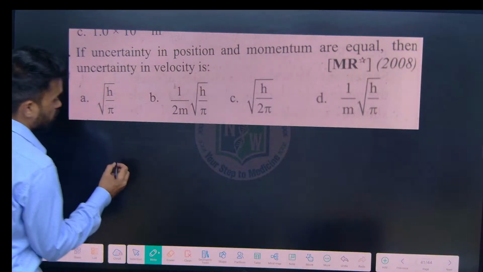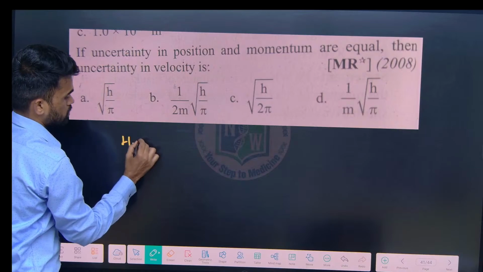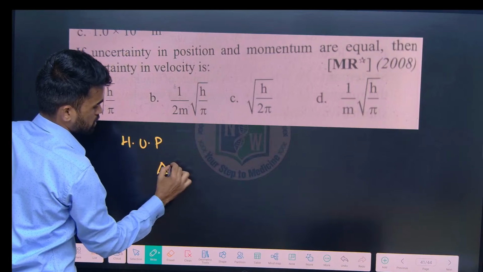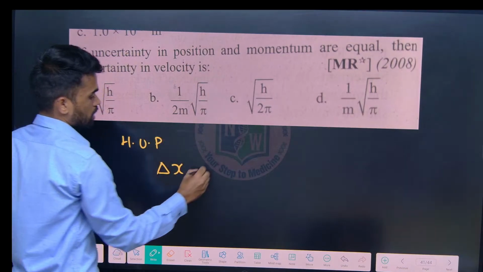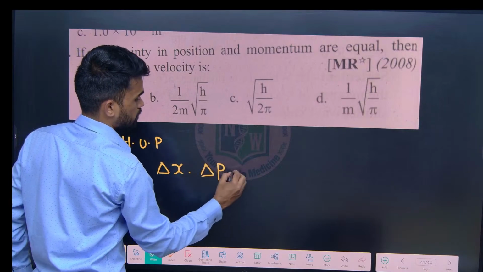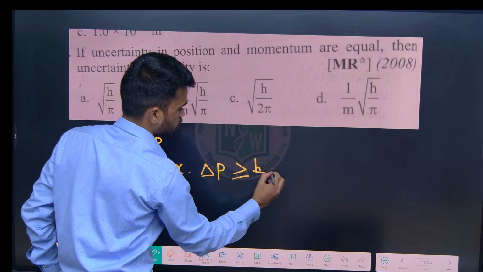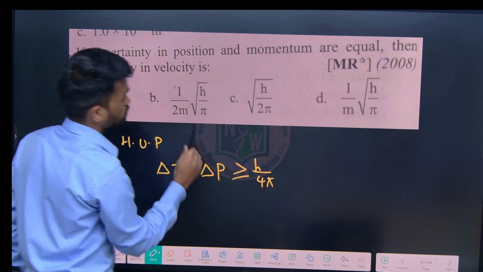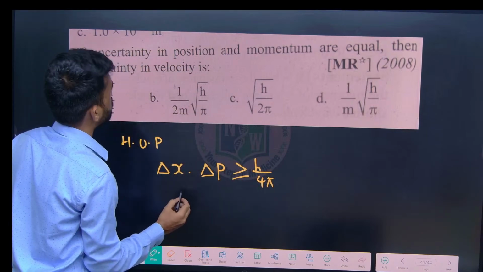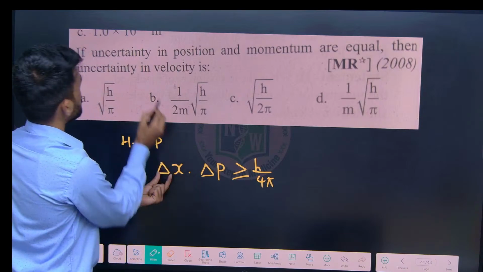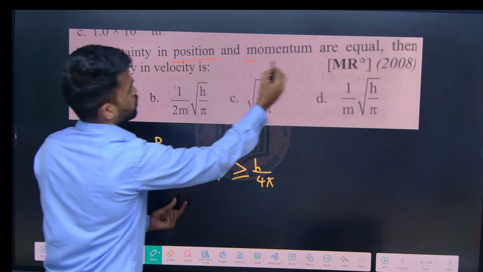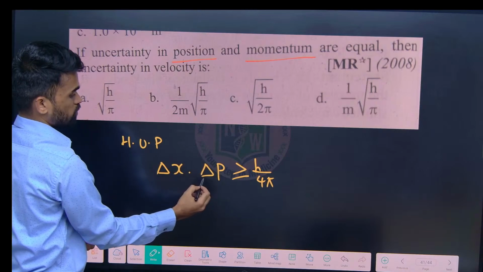What is the formula for uncertainty? HUP. Error in the position, error in the momentum, is equal to or greater than h by 4 pi. So simplifying now, let us take this as equal.